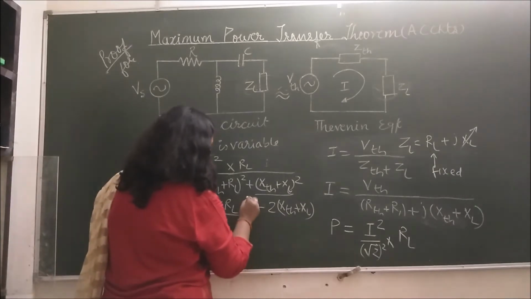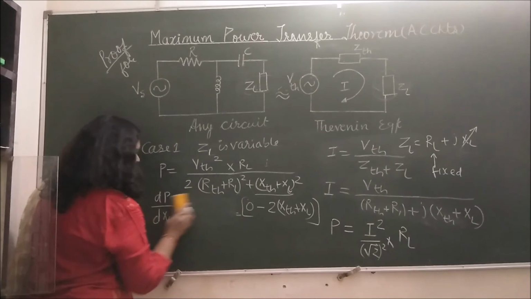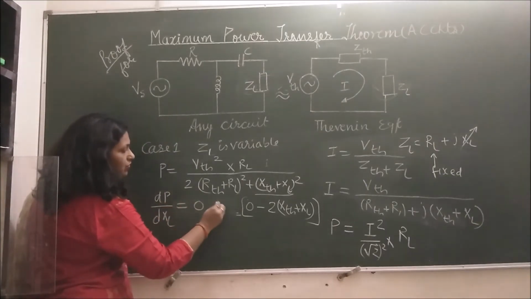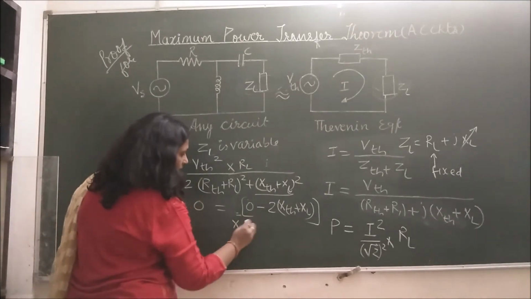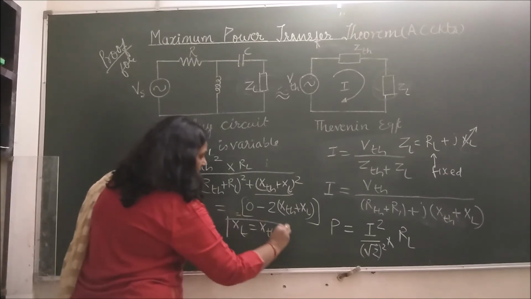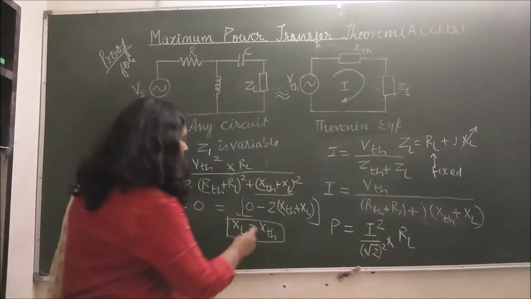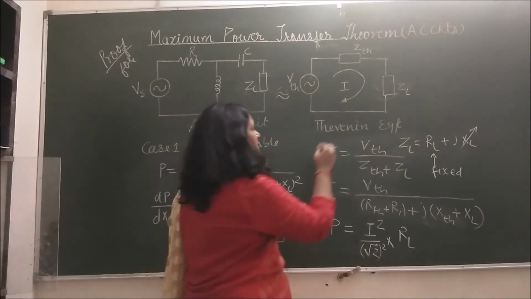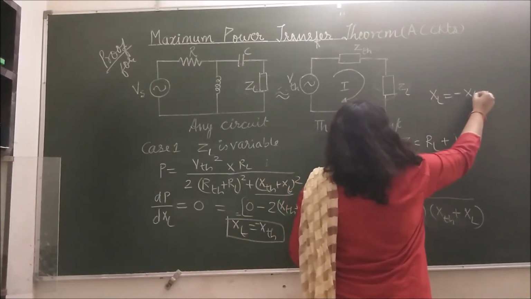This is the derivation of dP by dXL, and we equate it to 0. So XL equals minus XTH. We got the first condition: our XL should be equal to minus XTH.